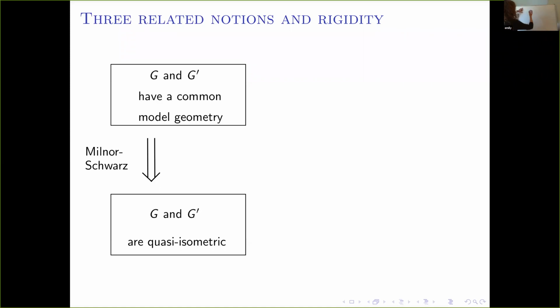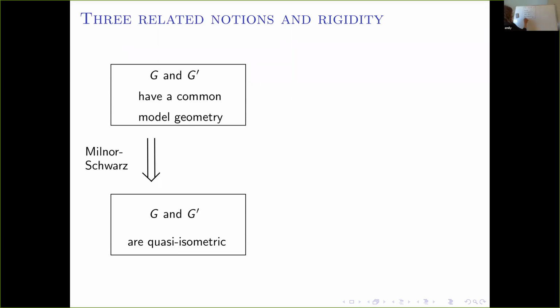So we're first interested in understanding when groups G and G prime have a common model geometry, meaning that the groups G and G prime both act geometrically on the same proper geodesic metric space.